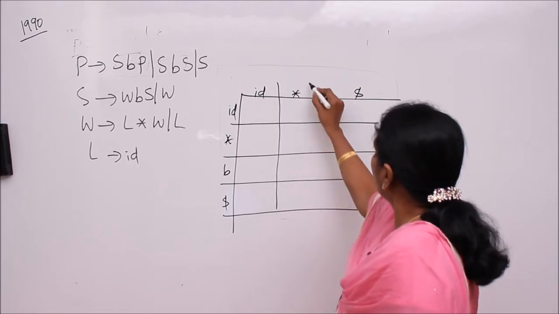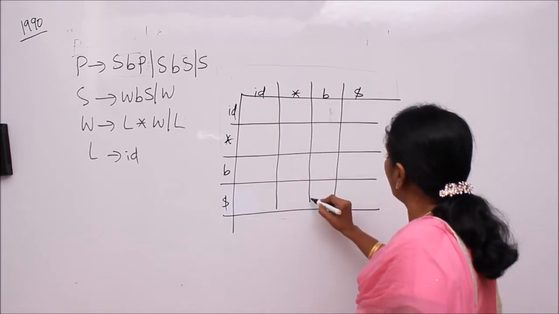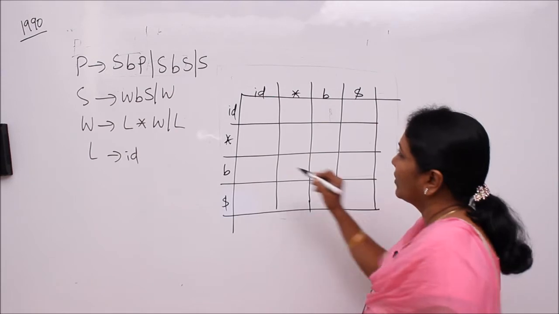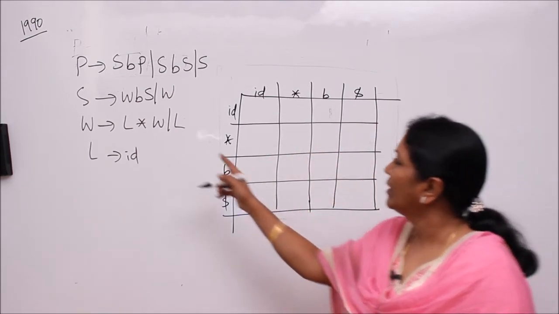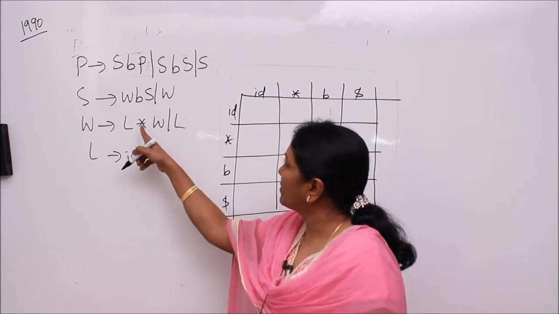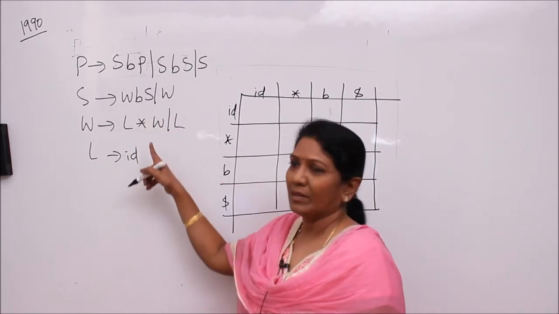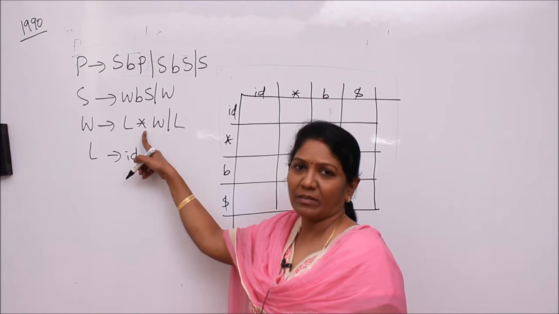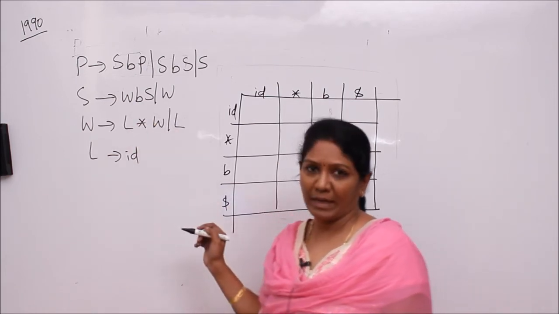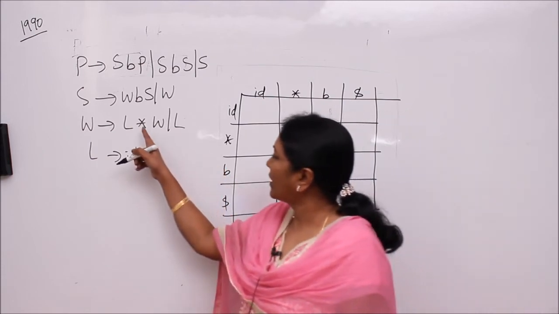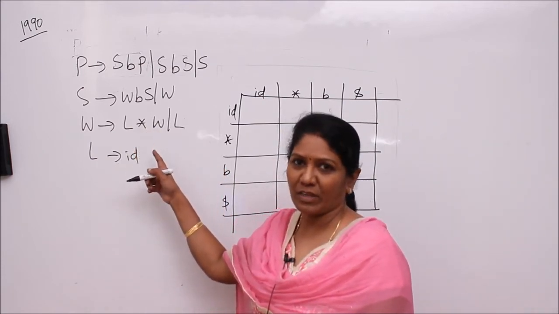Look at the grammar. If you consider these are the terminals or the operators in the grammar, what is the precedence difference between star and blank here? Star is defined at the lower side, so star has the highest precedence compared to blank. And the other thing we can understand here is regarding the associativity.